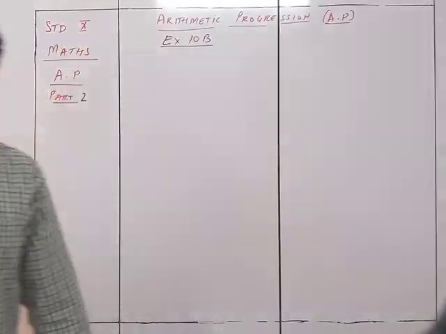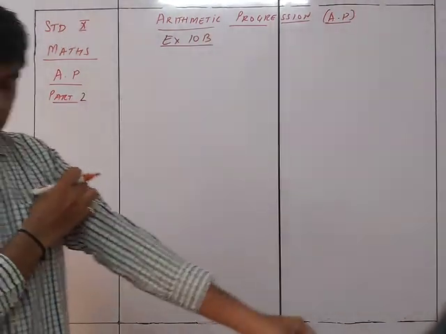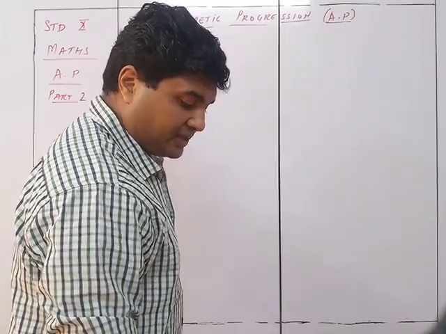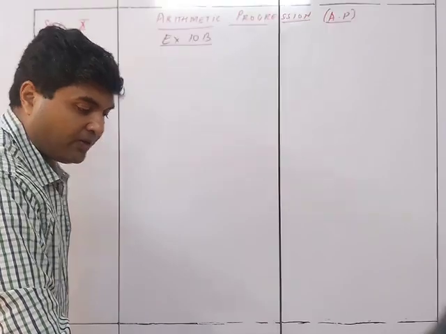We start with the first sum. In an AP, 10 times its 10th term is equal to 30 times its 30th term. Find the 40th term.